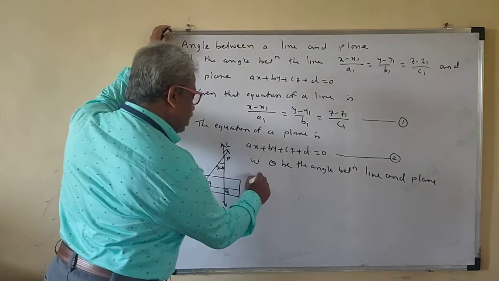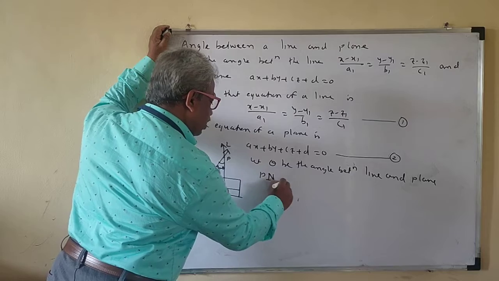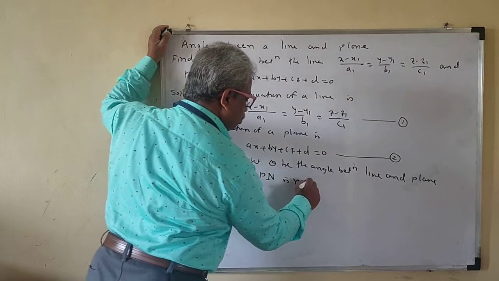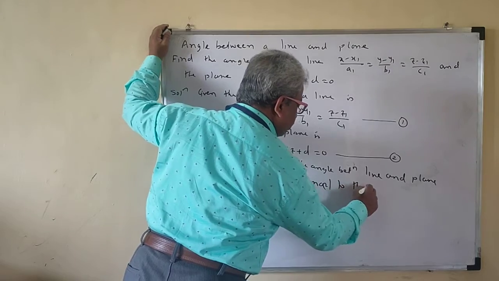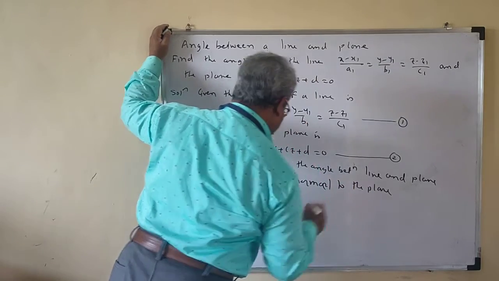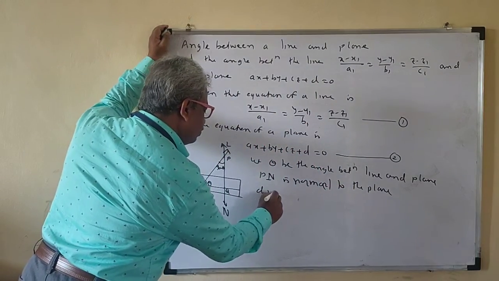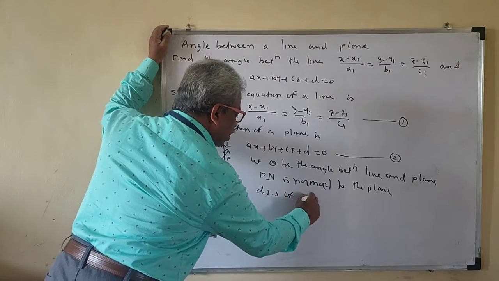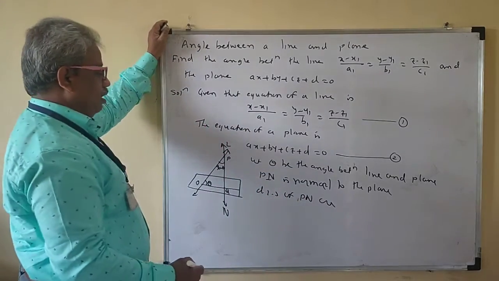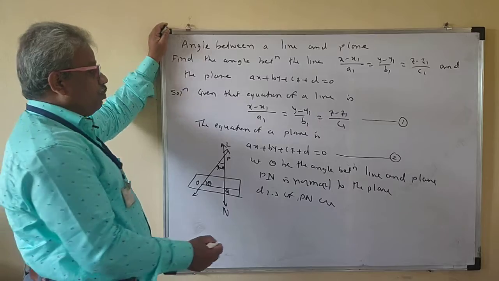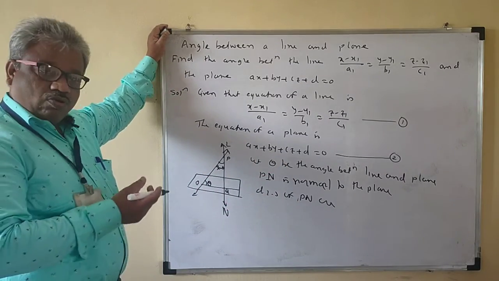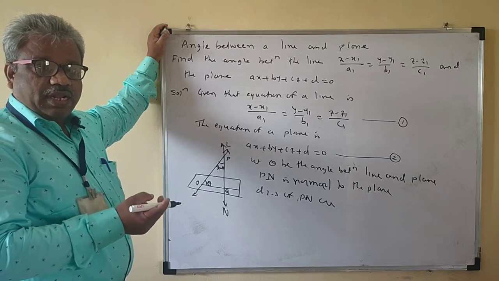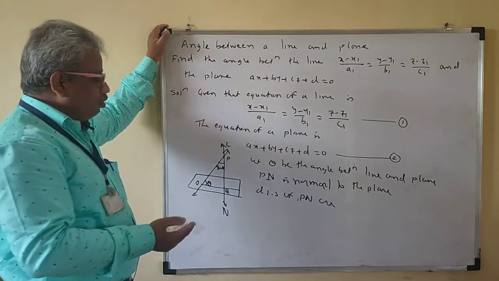So PN is normal to the plane. What are the DRs of PN? PN is normal to the plane. What is the equation of the plane? ax plus by plus cz plus d. The coefficients of x, y, z represent the DRs of the normal to the plane.